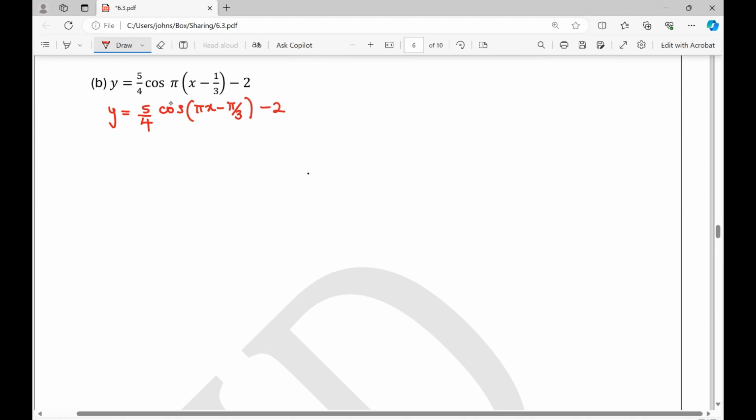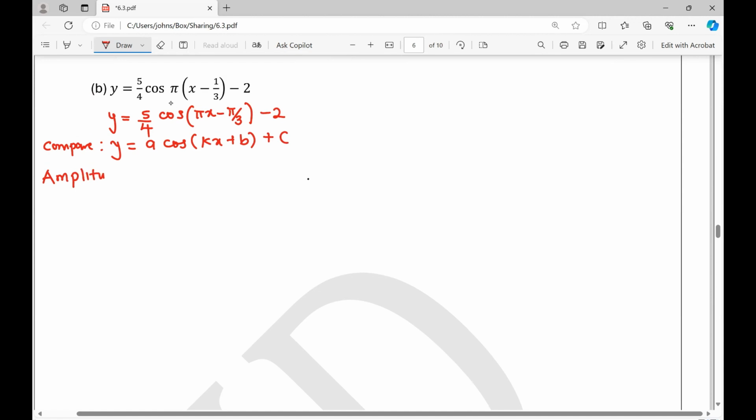So we compare it with this one. You compare with y equals a cosine of kx plus b, plus c. Now, this means that the amplitude, which is just the absolute value of 5 over 4, is still 5 over 4.